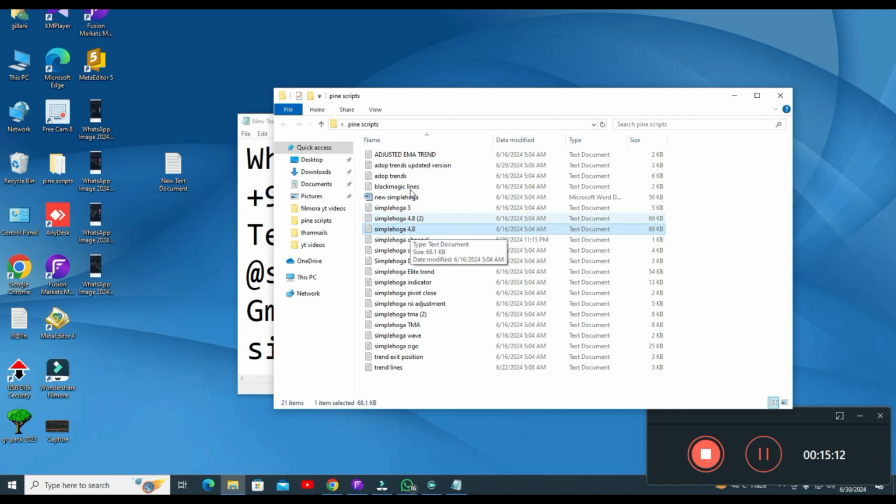Okay, I made this updated version of the indicator last day, and I received a lot of messages asking me to send the update, because whenever people buy, I tell them updates are free.